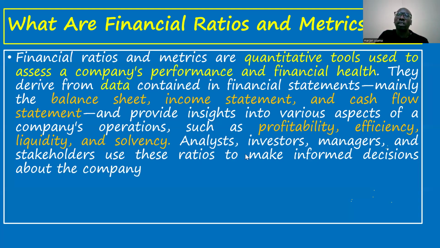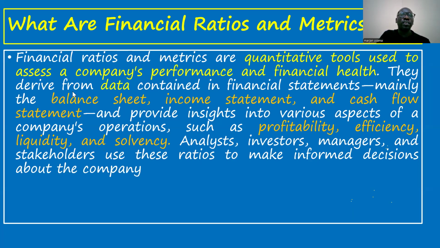So what are financial ratios and metrics? Financial ratios and metrics are quantitative tools used to assess a company's performance and financial health. So if we want to know if our organization or our business is doing well, then we have to have this quantitative information. We have to analyze our financial statement to give us data that is going to help us to make decisions.